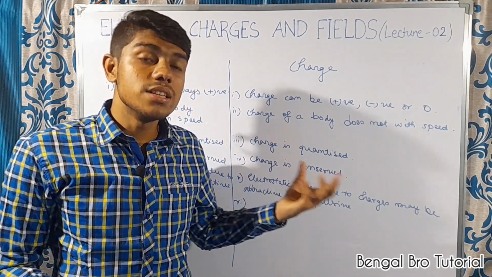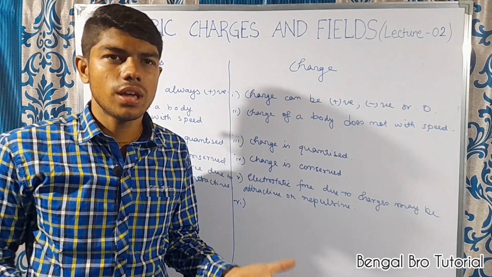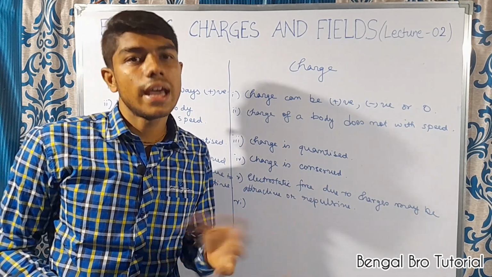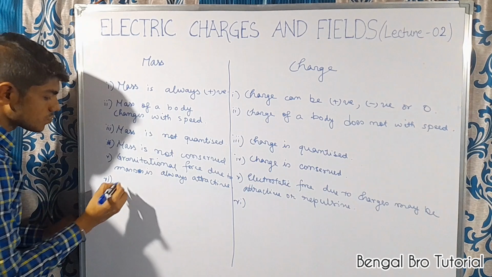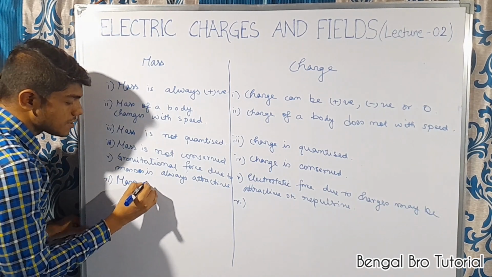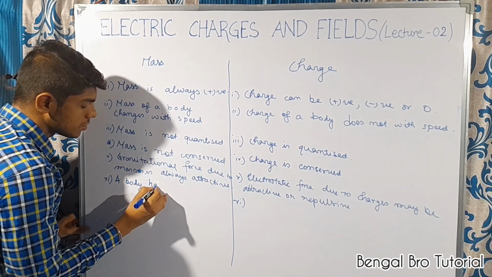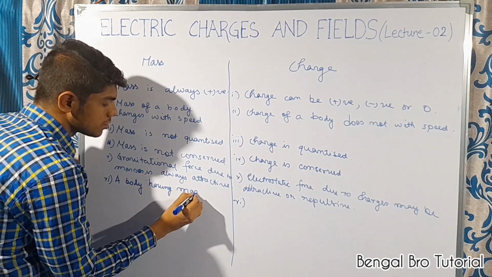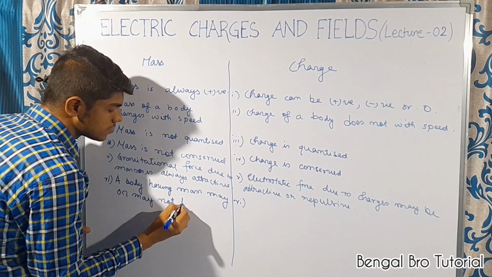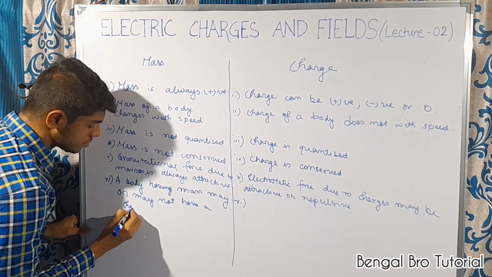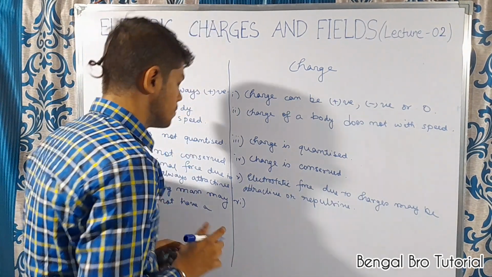A body having mass can be neutral or can have a charge, but a charged body is always associated with some mass. This is the last point of difference.